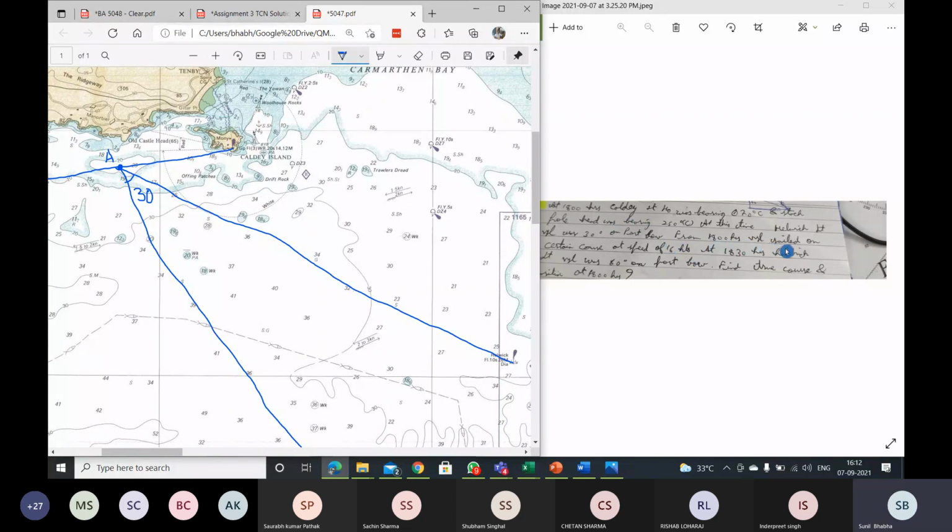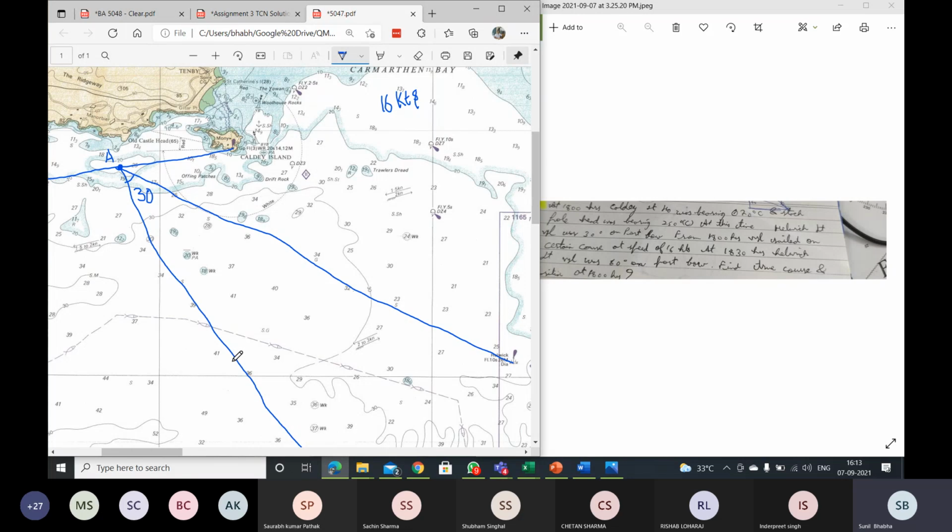From 1800 hours, vessel sailed on a certain course. We have drawn the course line here. We don't know what this course is because A is an arbitrary position. This is a rough diagram. The vessel steered a certain course at a speed of 16 knots. So my speed is 16 knots. So I know my speed is 16. At 1830 hours, Helvig light vessel was 60 degree on the port bow. So Helvig light vessel is 60 degree on the port bow.